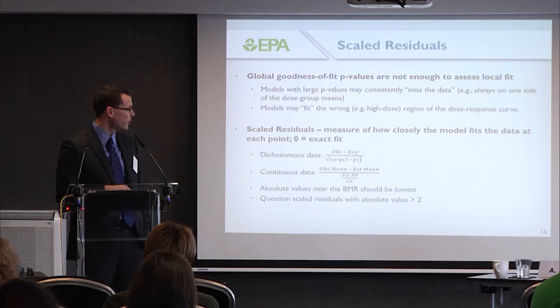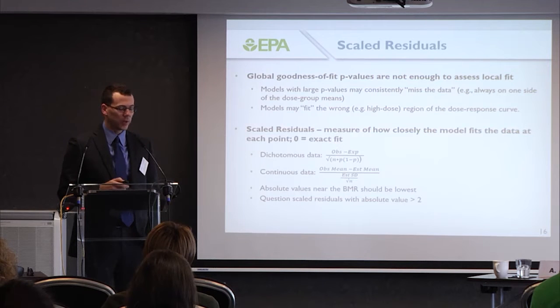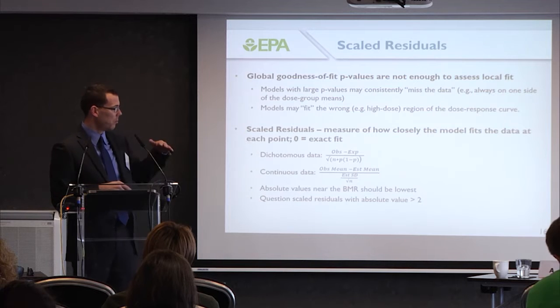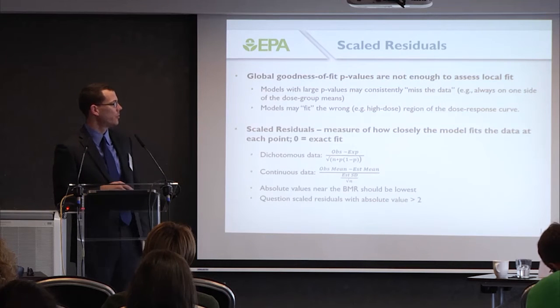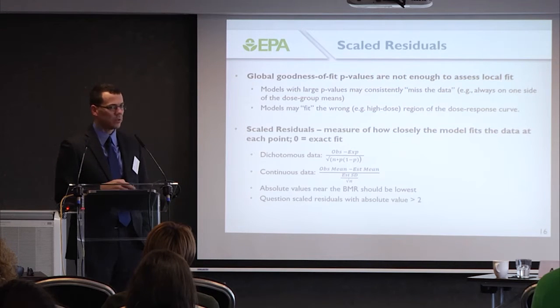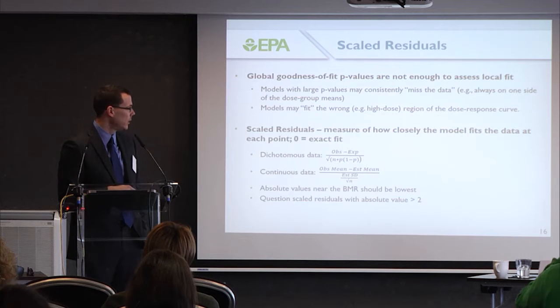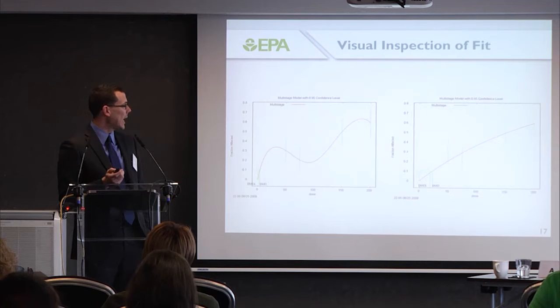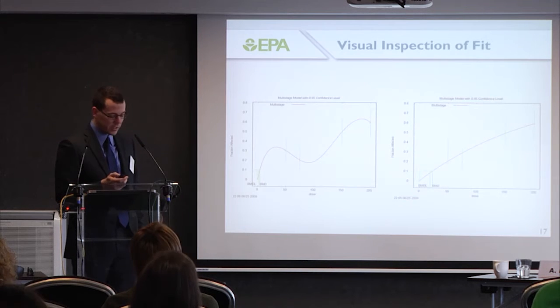And so if you have any scaled residuals that are greater than the absolute value of 2, EPA recommends that you consider not using that model, as there's some region in the dose range where the model is not performing adequately. And then the last is a visual inspection of fit.